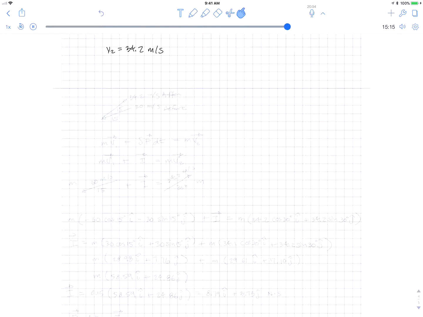So here's the impulse momentum problem. This ball is coming in at 15 degrees at 30 meters per second, and the batter hits it, and it leaves at 30 degrees at 34.2 meters per second. So this is before and this is after. So let's write out the equation. So it's mv1 plus integral F dt equals mv2.